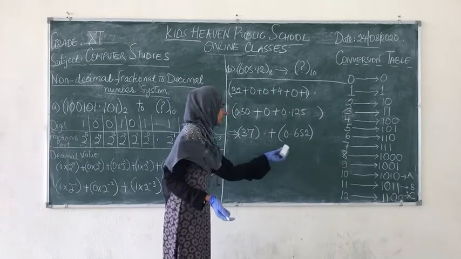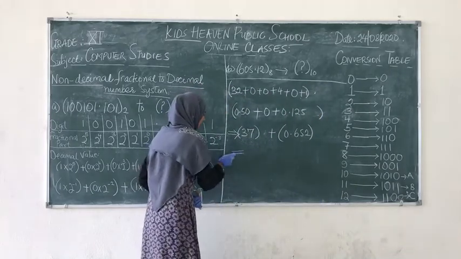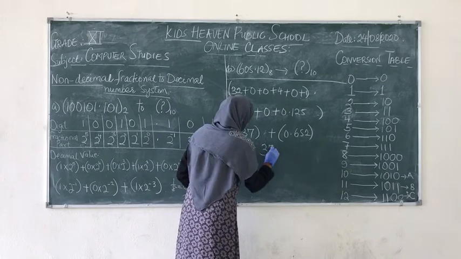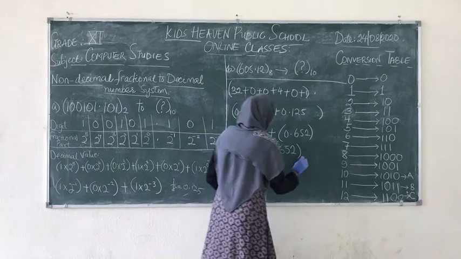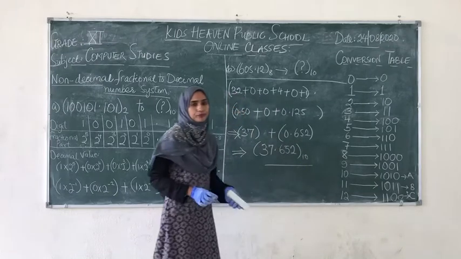Now we have to add this and this, which is equals to 37.652 in a base of 10.